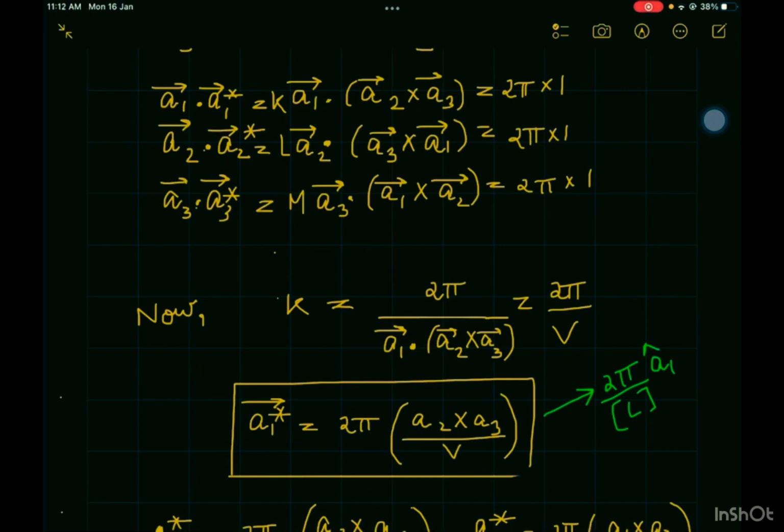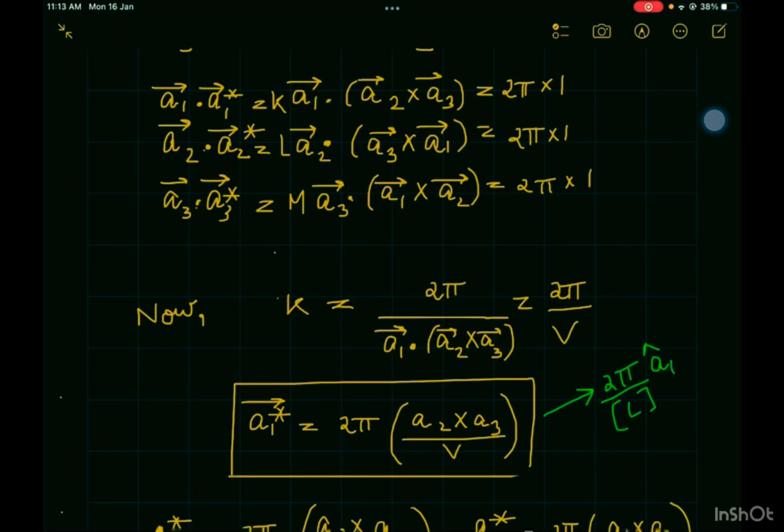Simplifying it, we find that k is equal to 2 pi by the volume. This volume is actually the volume created by the basis vectors of the unit cell in the direct space.